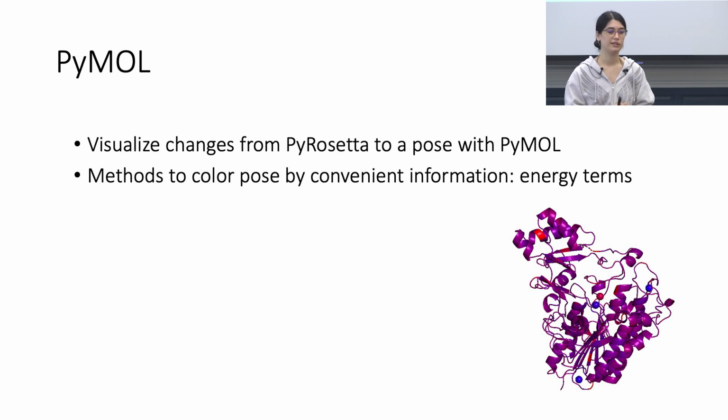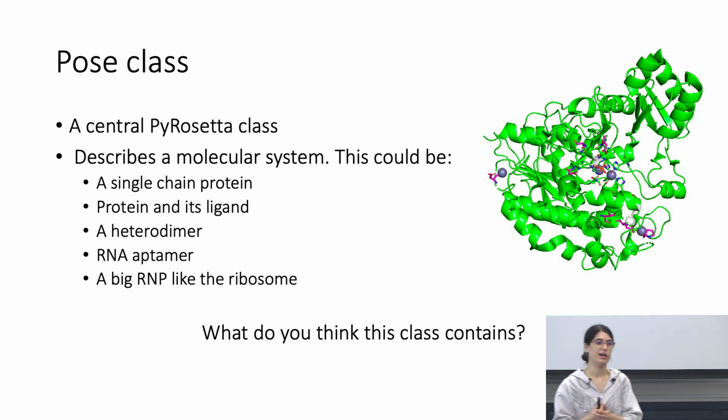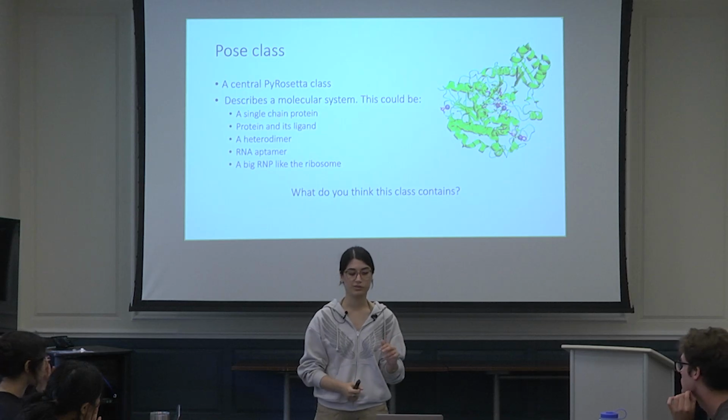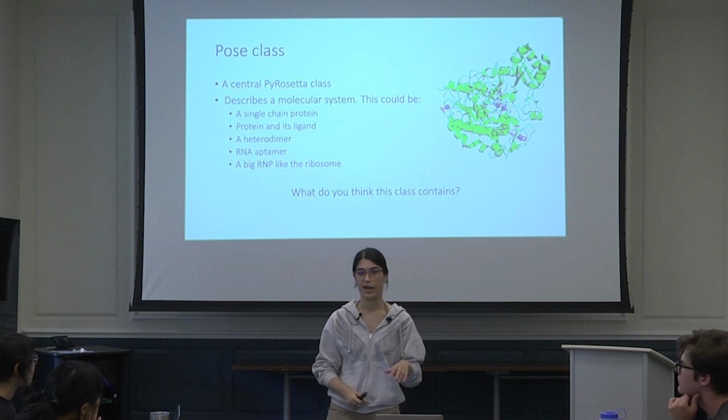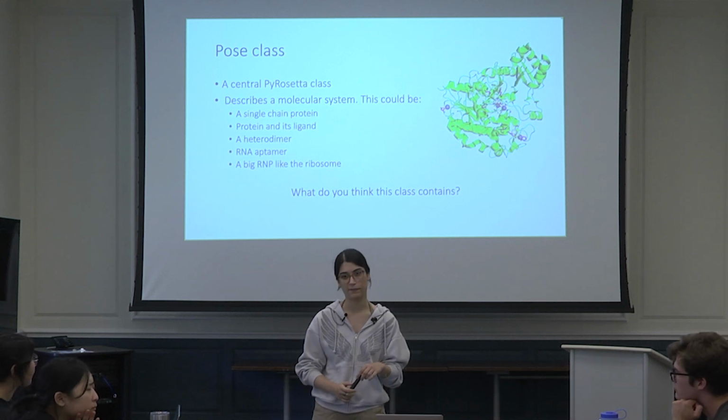A question: let's go back to the very beginning. Let's say we have this protein structure, and I access all the information using the pose class, and then I calculate per residue energies. The question is, where would you expect the high energy residues versus the low energy residues to be?